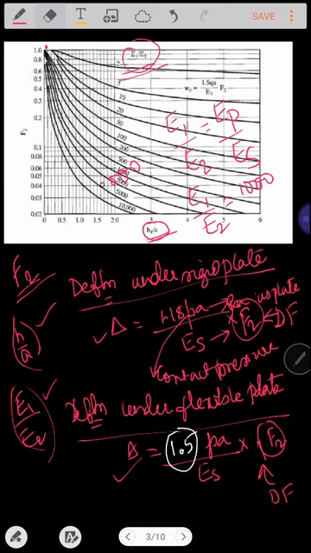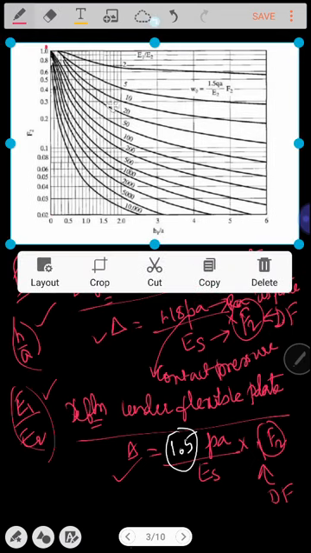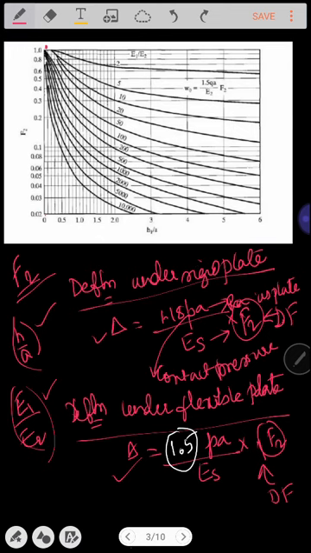By referring to this graph, by knowing the values of Es upon EP and F2, let us suppose the value of F2 happens to be somewhere at 0.2, and it cuts the curve at Es upon EP as 1 upon 50.